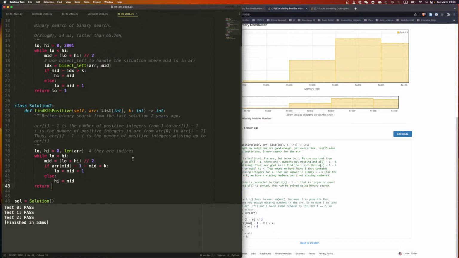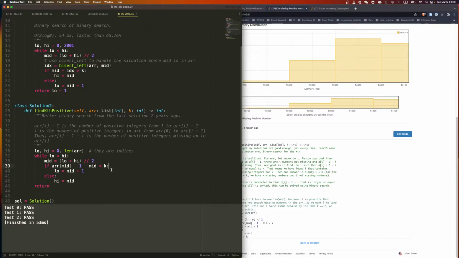So we find the index by doing this. This is the number of missing integers from 1 to array mid minus 1. That's the number of missing integers. Okay. If it's smaller than k, then we need to move it bigger until we get out.